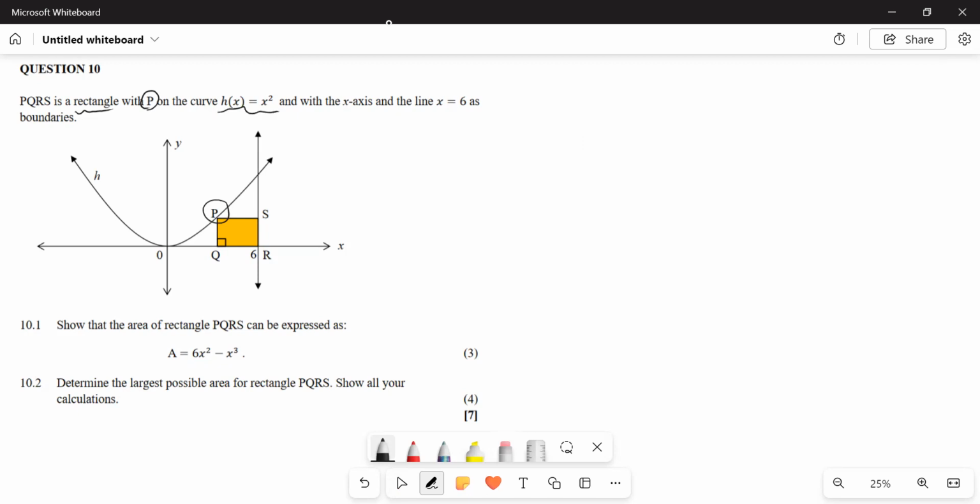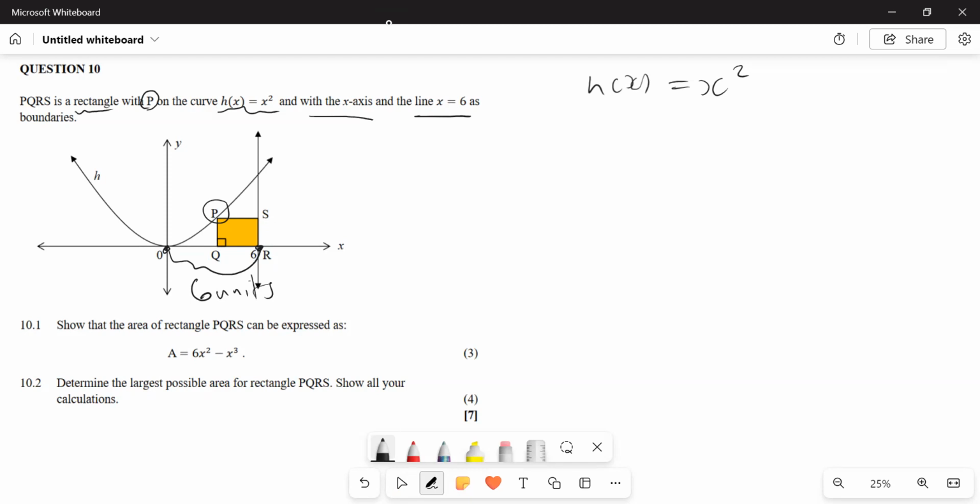The curve h of x is equal to x squared, with the x-axis and the line x equals 6. So 6 is the distance from 0 to point R. That's 6 units.